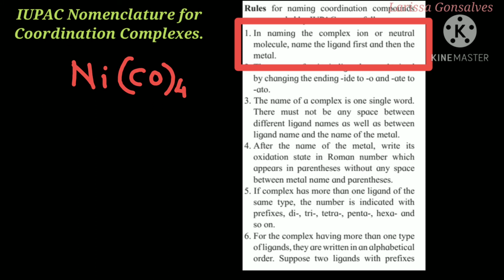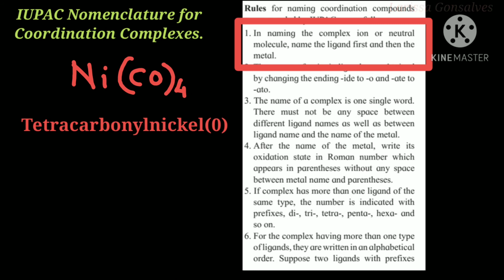In case of this, first we need to write the name of the ligand. So the ligand here is carbonyl. But how many times? 4 times. So tetracarbonyl, and the name of the metal ion, that is nickel. And in the brackets we are going to write 0 since it is a neutral complex.